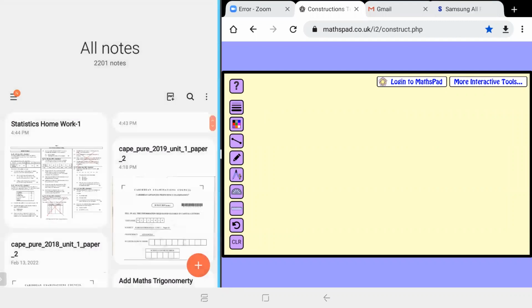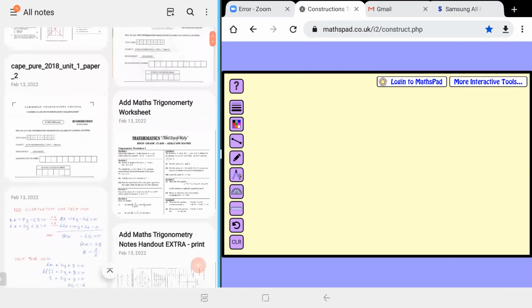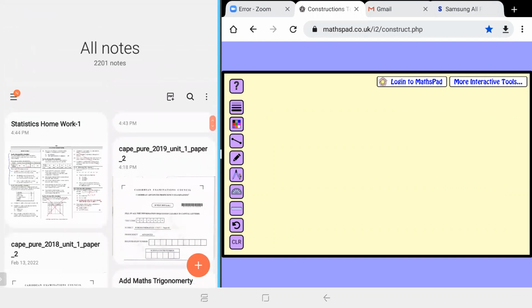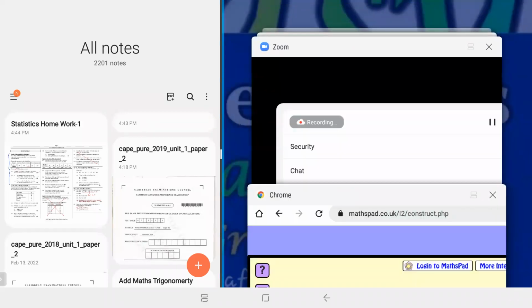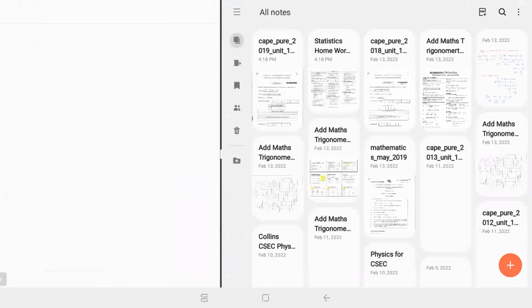Where is it? It's hidden. There's no title. This one. All right, good.